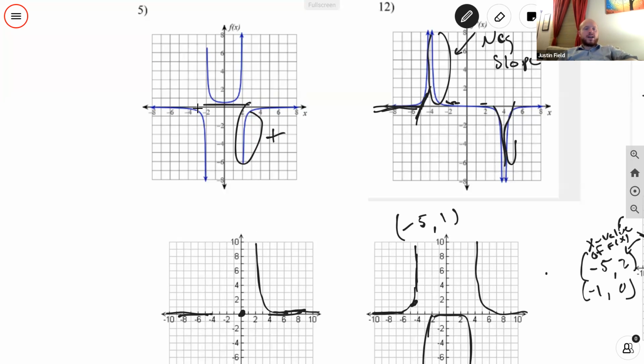And on this side, what kind of a slope is that? If you draw a tangent line, you'll see that it's negative. So that happens between 2 and -2 and -4. It's a very negative slope that goes to 0. And then here, we have a negative slope. We have a positive slope.